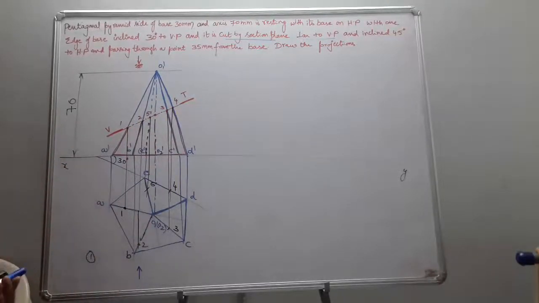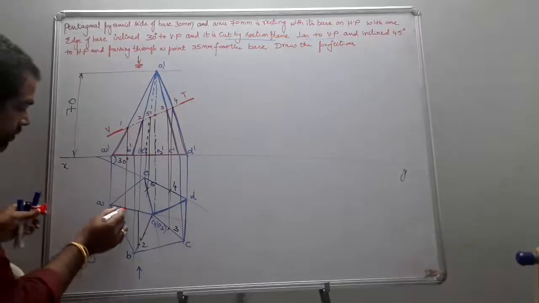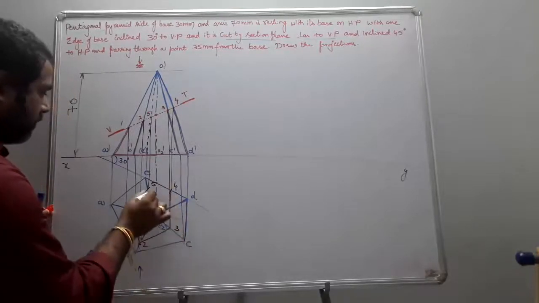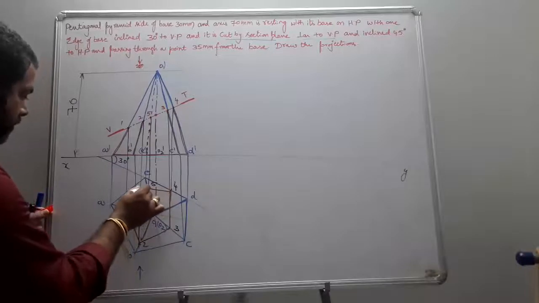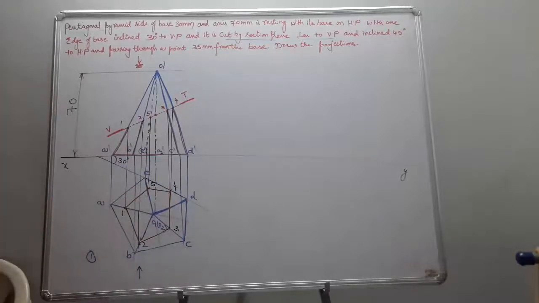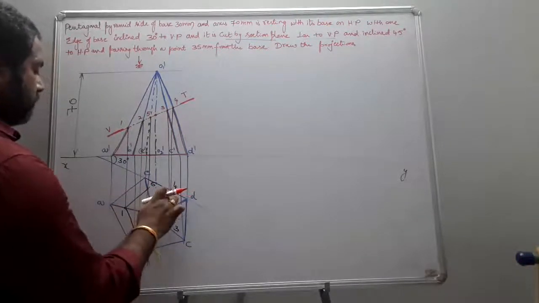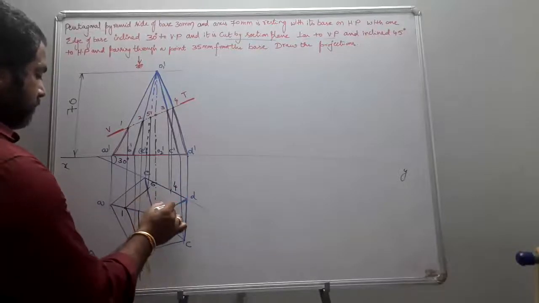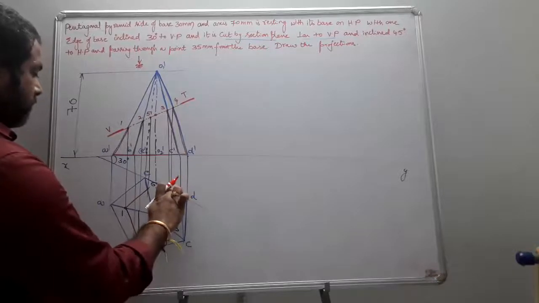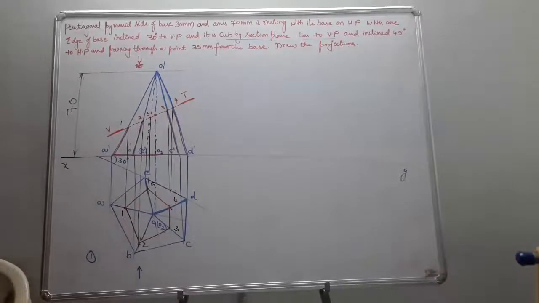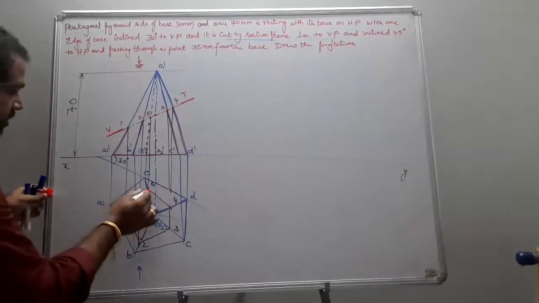Once you obtain your points, you just join all the points. So 1, 2, 2, 3, 3, 4, 4, 5, and 5, 1. Okay. Once you obtain this, you just make it hatch.